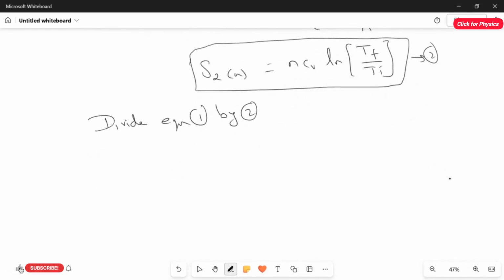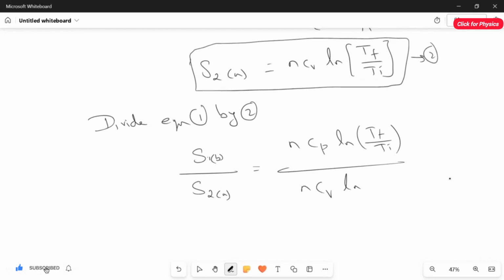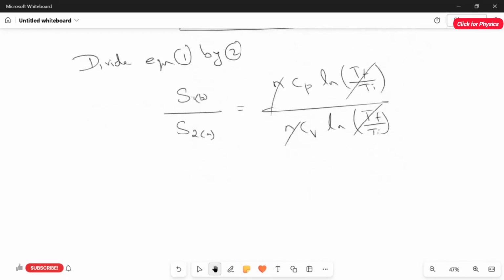S1 of B over S2 of A is equal to n Cp ln of T final over T initial, over n Cv ln of T final over T initial. This term gets cancelled, n gets cancelled, right? So what is remaining? The entropy of the B process over the entropy of the A process is equal to Cp over Cv.